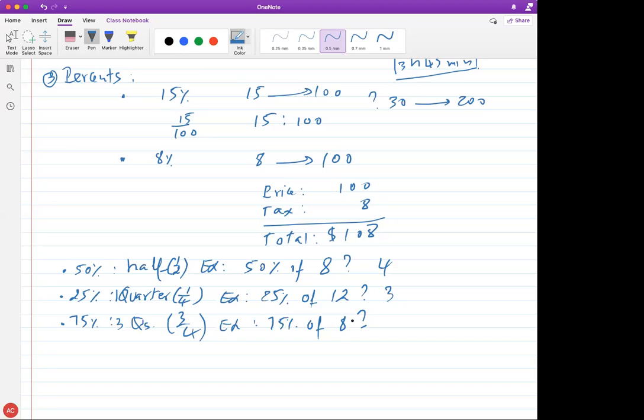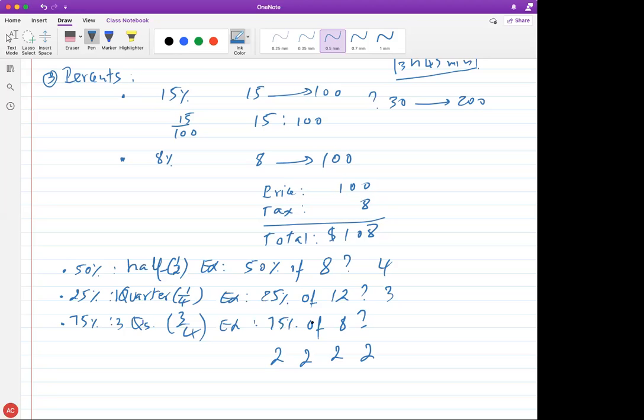What is 75% of 8? 8 is basically this. If you divide this into 4 quarters, this is 8. But we only want 75% of it, meaning 3/4. 75% is 3 out of 4.